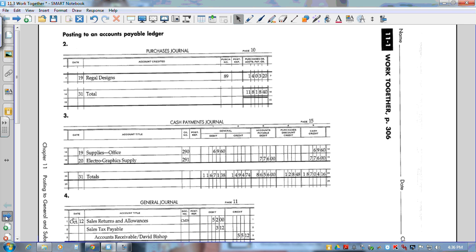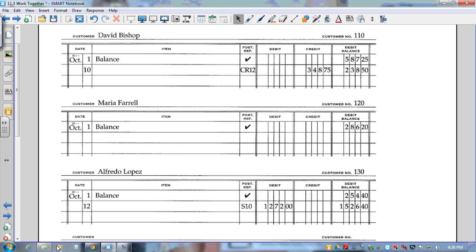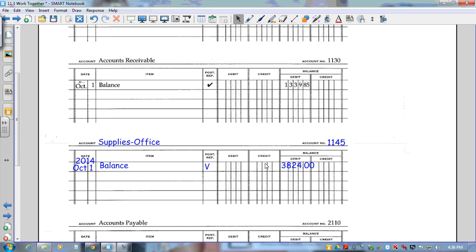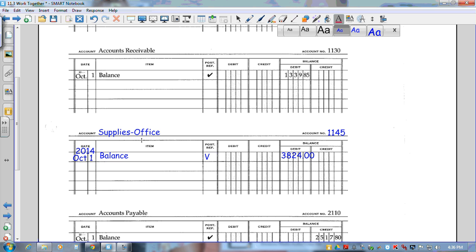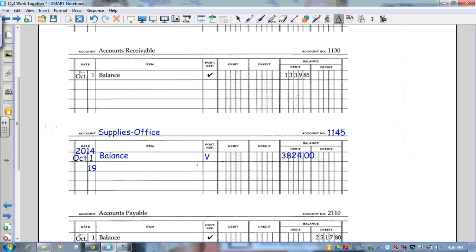So flip back to your other page. Yes, in accounting, whenever you're posting, there are lots of pages to flip through. I'm looking for supplies office. That's not the right one yet. There we go. There's my general ledger. Supplies office. This happened on the 19th. So I'm going to put the 19th. Where did it come from?